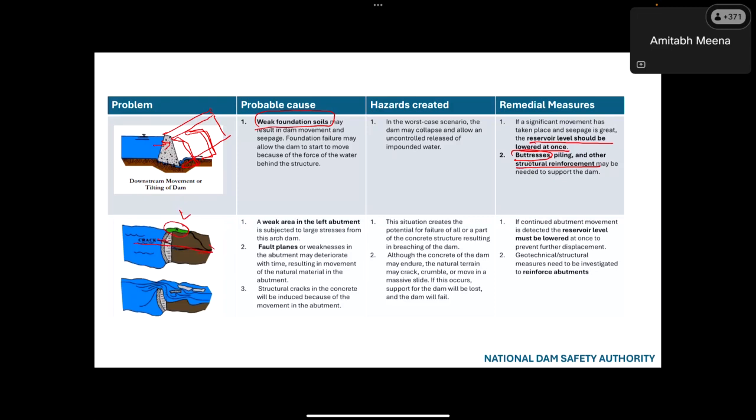So in the left abutment, this abutment rock was weak, and there was some fault plane there, and then it moves slightly, and then these cracks may occur. In this case, if this portion slides away, then the dam will collapse like this.